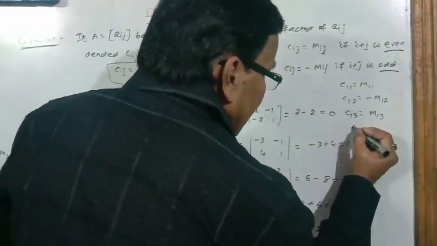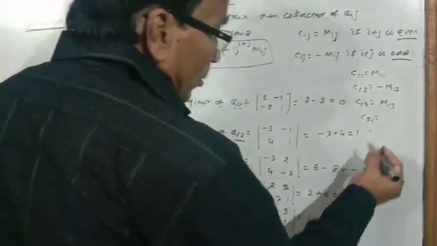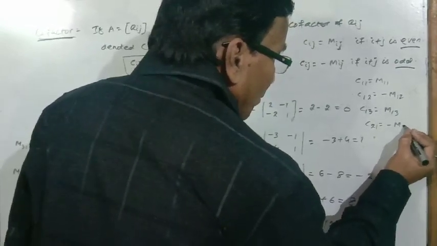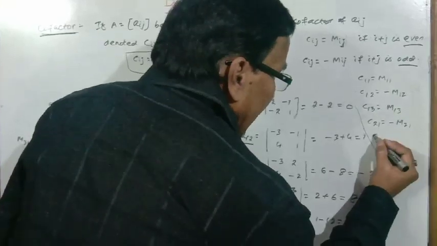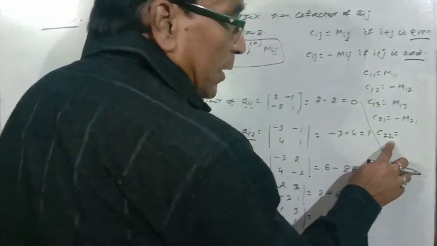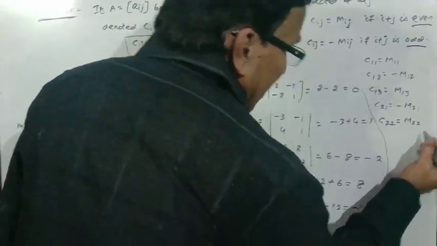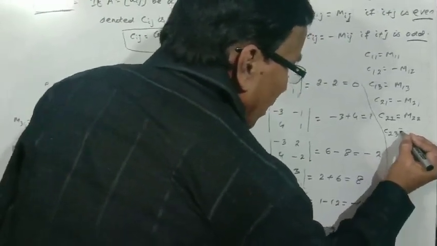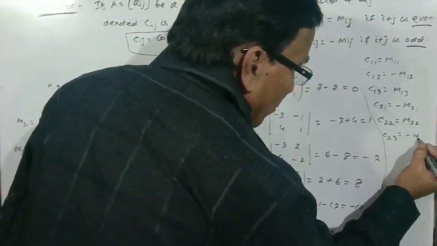Again, if I say C21, then 2 plus 1 is 3, which is odd, it is minus M21. Then C22: 2 plus 2 is even, so its value is M22. That means cofactor is same as minor. Similarly, C23: 2 plus 3 is 5, which is odd, so it is minus M23.